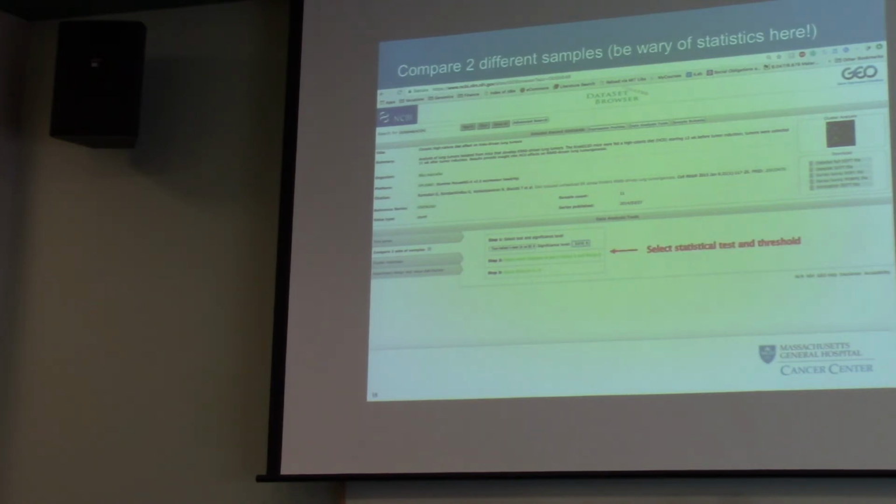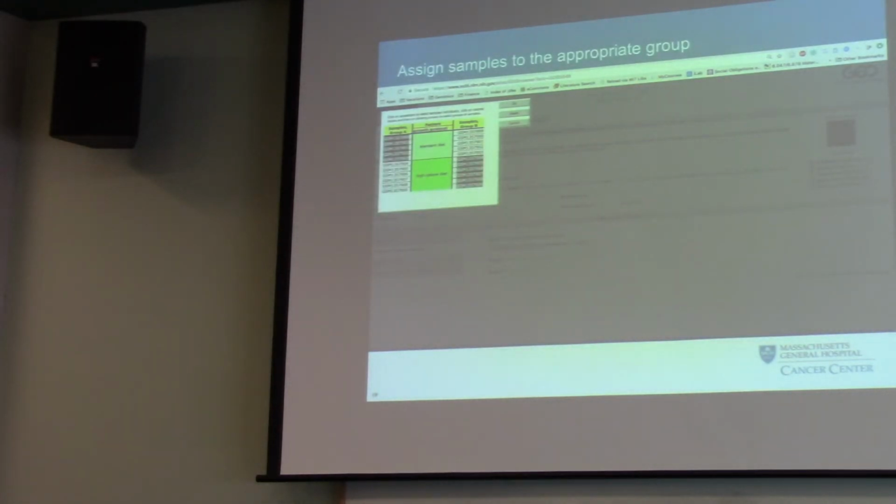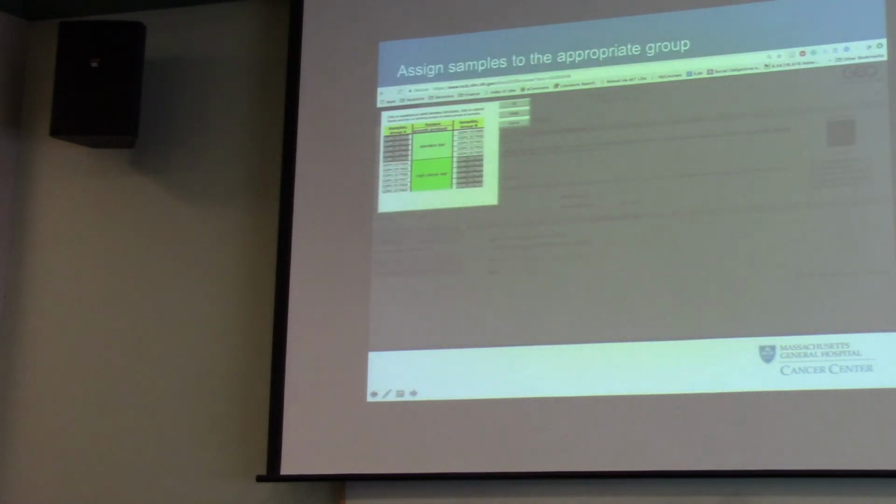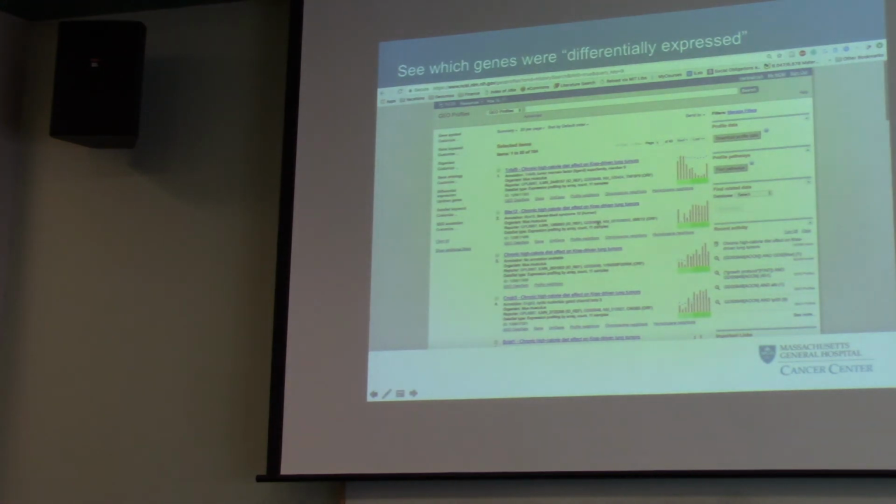But it will allow you to do so if you just want to see at a glance what genes are up or down. In order to do that, all you need to do is assign samples to an appropriate group. After you click through this, you can see which genes were differentially expressed. I have these slides so that you can look through if you're interested in doing it. If you actually want to do differential expression, this is not how I would do it.